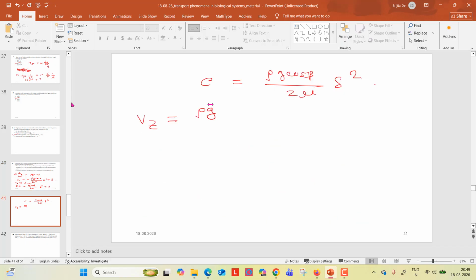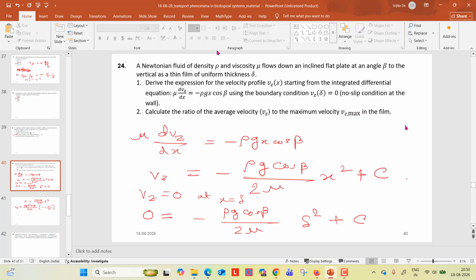So rho g delta square cos beta by 2 mu into 1 minus x by delta square. Okay. So this is the equation, the velocity profile.